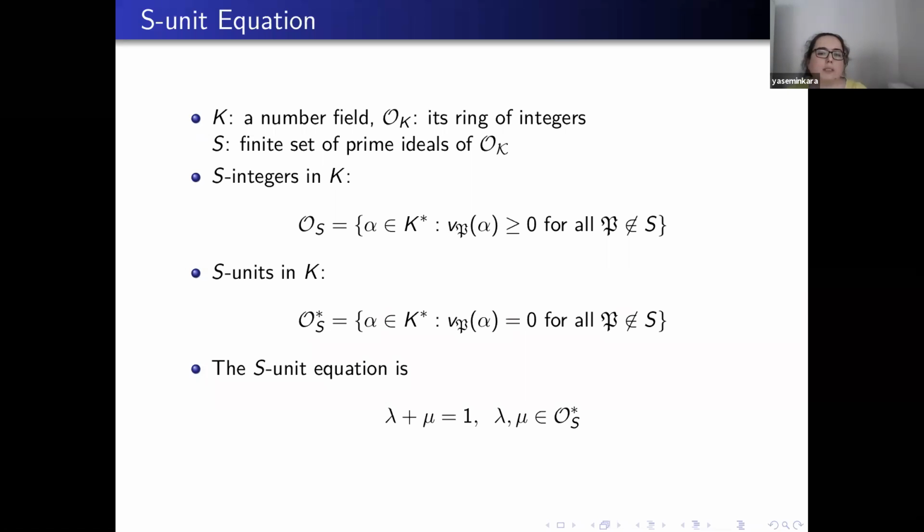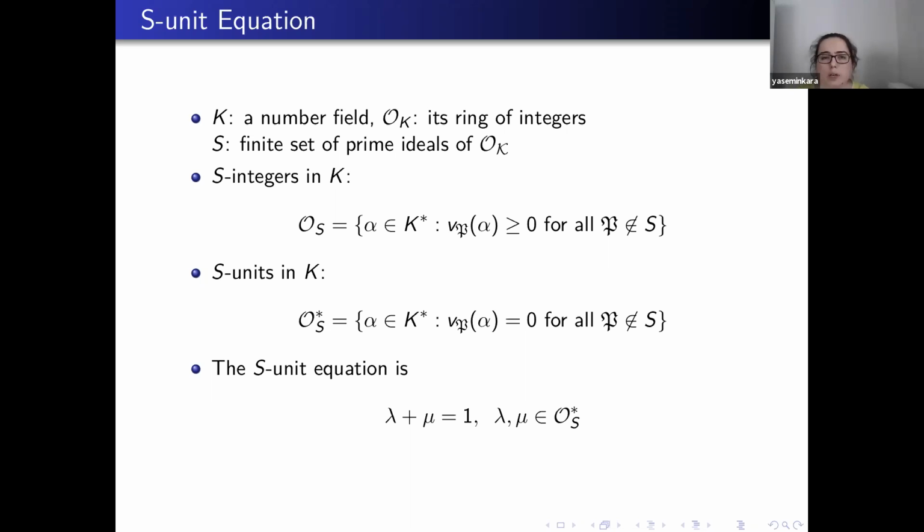And S-unit means that the valuation of alpha is 0 for all primes that are not in S. Actually, that means alpha is an S-unit if the principal fractional ideal generated by alpha can be written as a product of the prime ideals in S. So the S-unit equation is, by definition, lambda plus mu is 1, where lambda and mu are S-units.